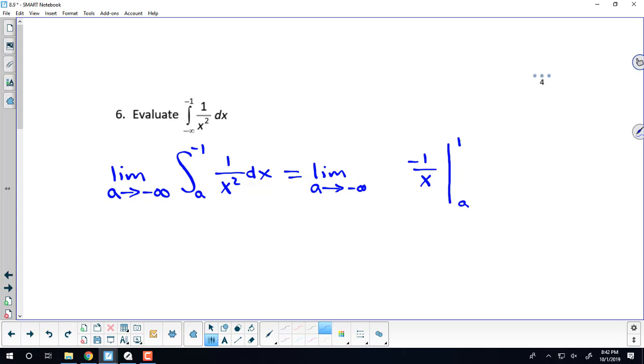Plug in the bounds before you compute the limit. So we have F of b minus F of a. It's supposed to be evaluated from a to -1. Yeah, a to -1. Thanks.